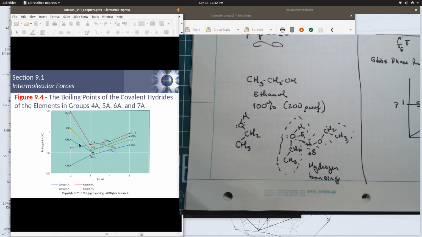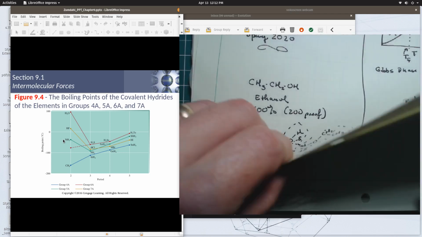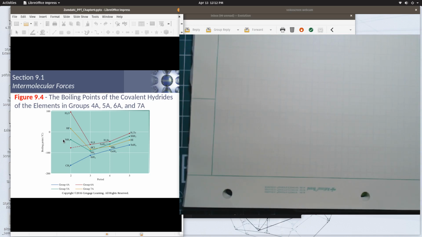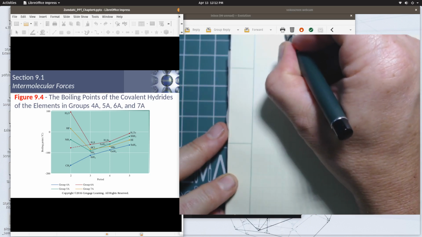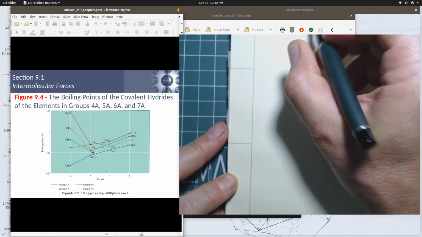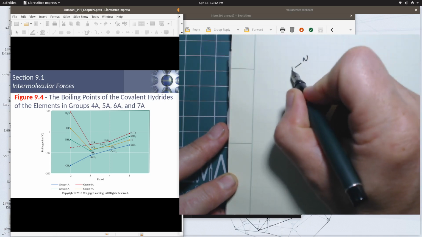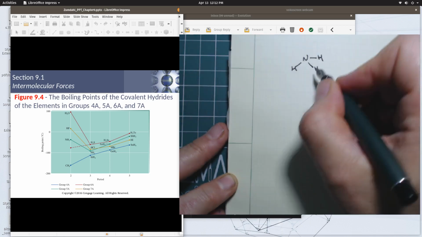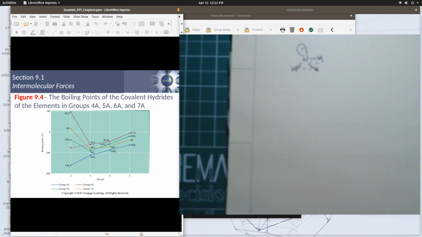Ammonia has strong dipole interactions. Remember, the structure of ammonia is as follows. It has a nitrogen, this sort of three-dimensional shape with a lone pair of electrons up here, right?